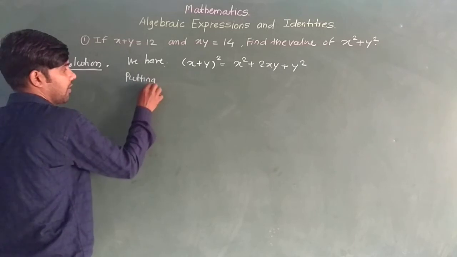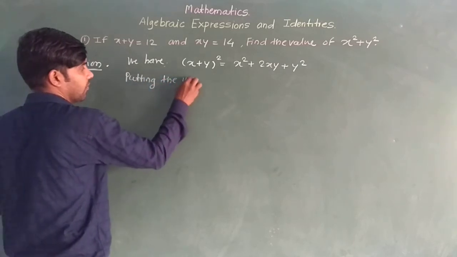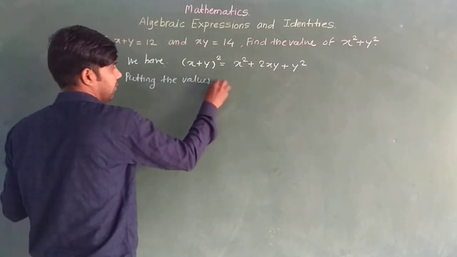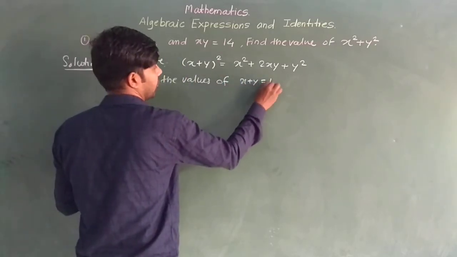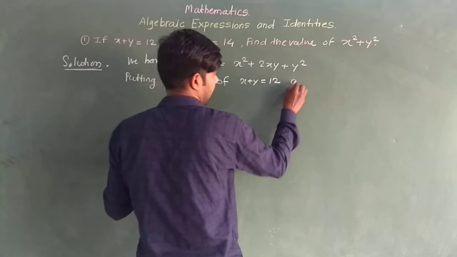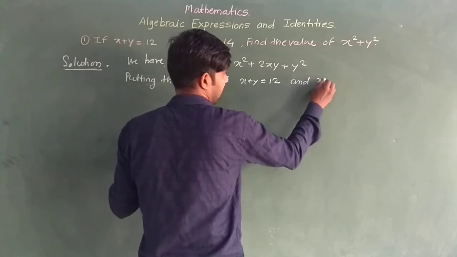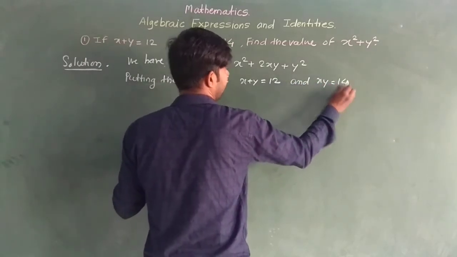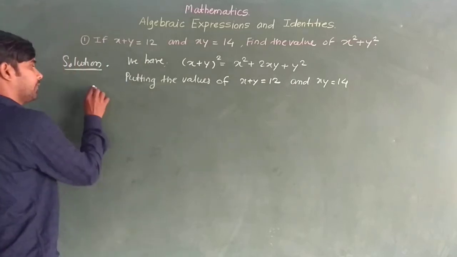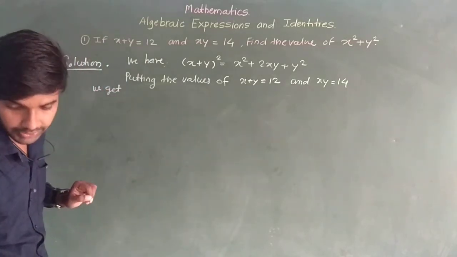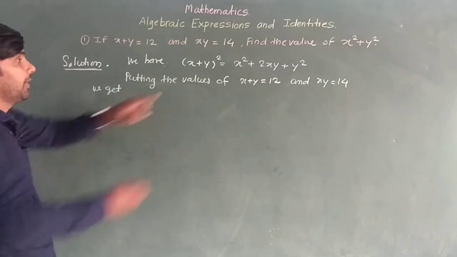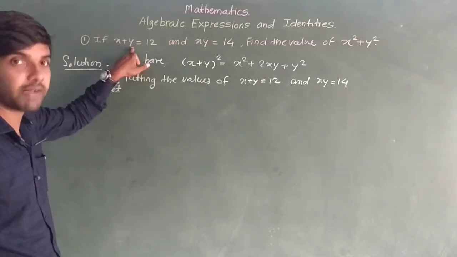Putting the values of x plus y is equal to 12 and xy is equal to 14, we obtain x plus y is equal to 12.